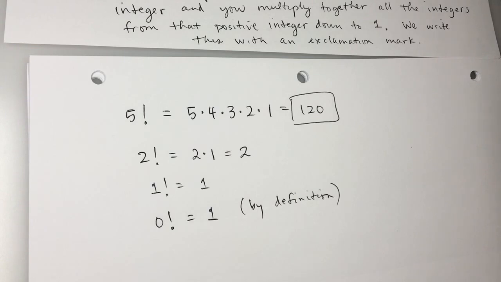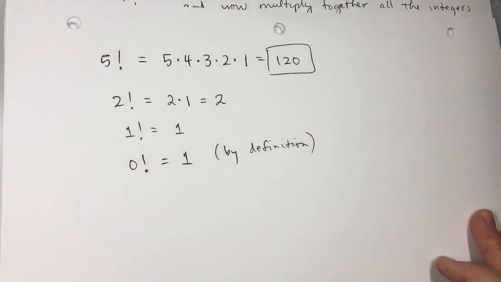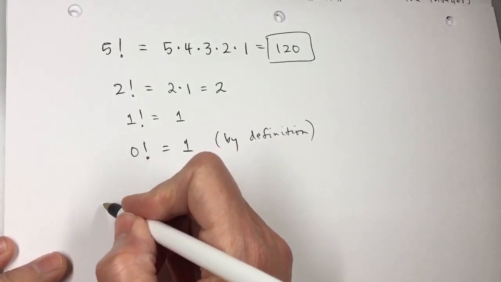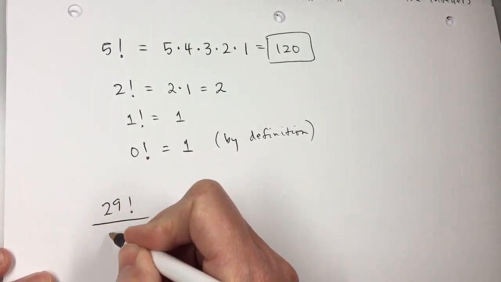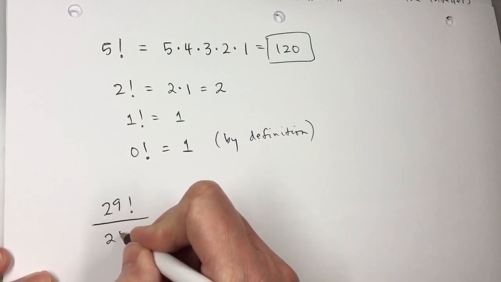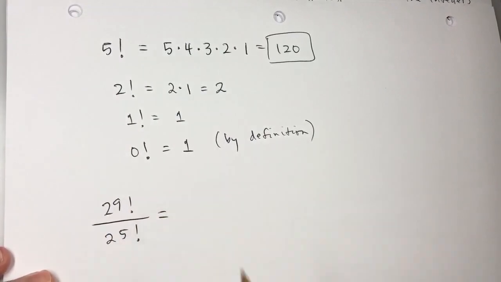So here's another problem that I might want to do. How about 29 factorial divided by 25 factorial? For this one, I'm going to write it out a little bit.